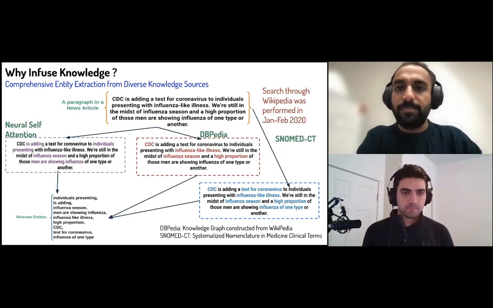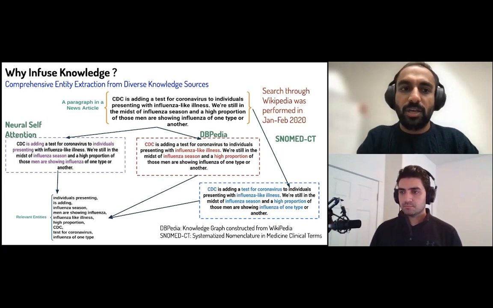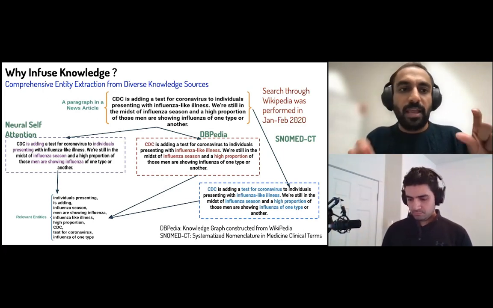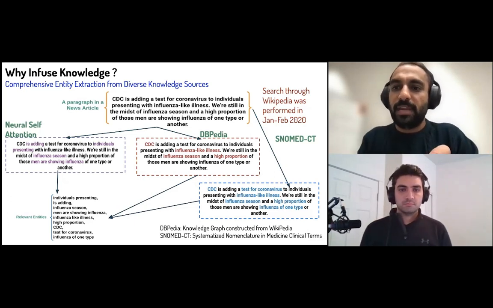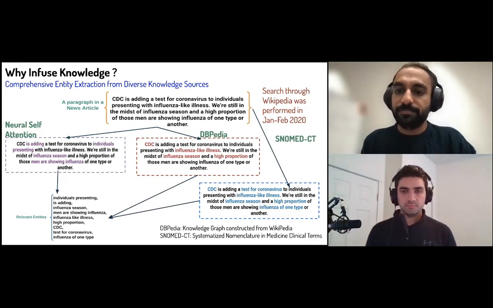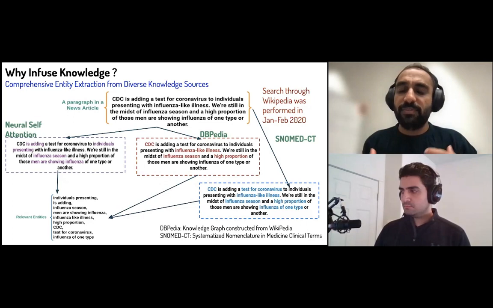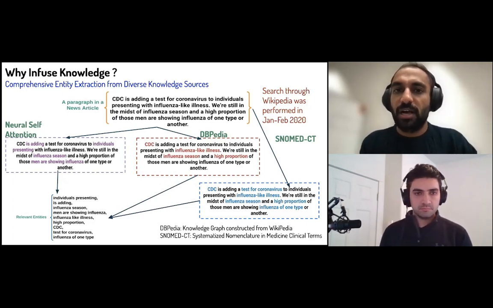And then there is a deep learning model, which is neural self-attention, being developed by University of California, Berkeley. It identifies a certain set of entities, which is also important. But what is more important is the DBpedia and SNOMED entities, which are very much specific to coronavirus and CDC. So you see that diverse knowledge sources have a good manifestation in improving the capabilities of entity extraction.